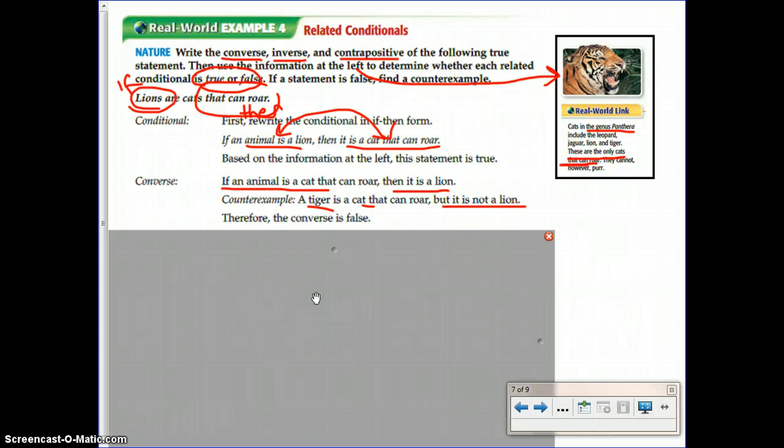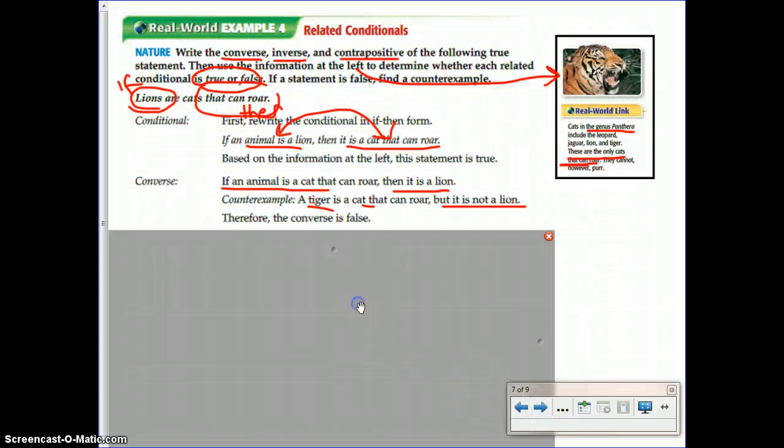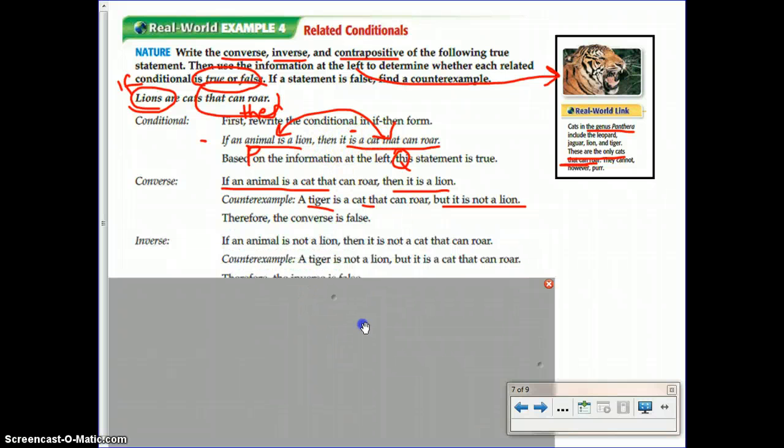All right, the inverse. Let's check the inverse. Remember, the inverse is the opposite of P implies the opposite of Q. So remember, in this case, this is P and this is Q. That's important to remember. So we're going to write the opposite of P and then the opposite of Q. So if an animal is not a lion, then it's a cat that cannot roar.